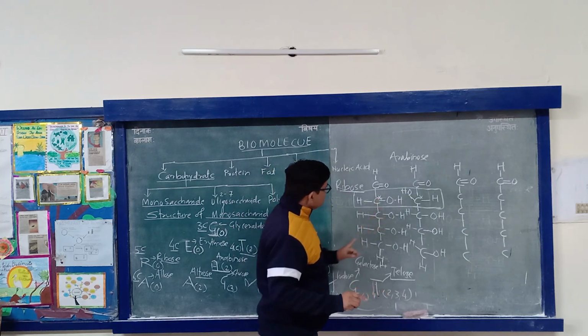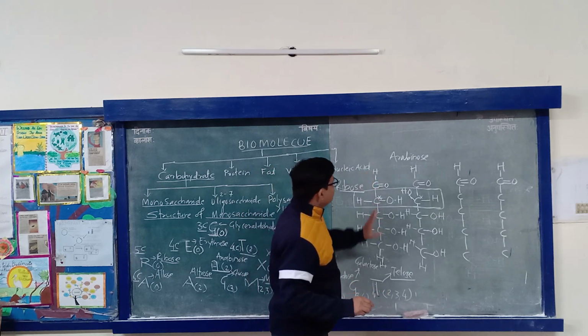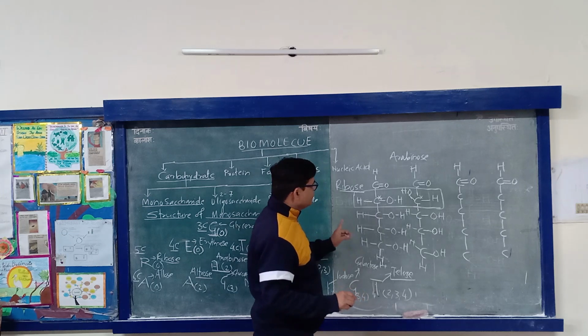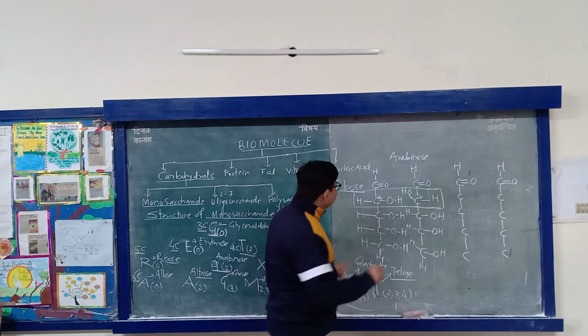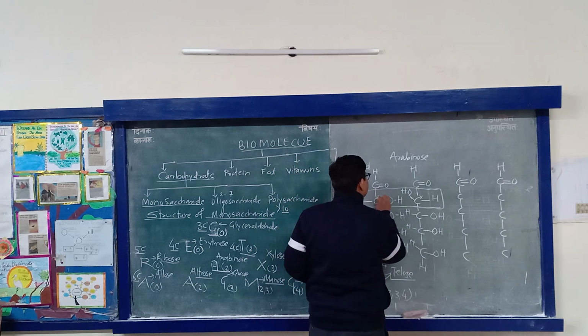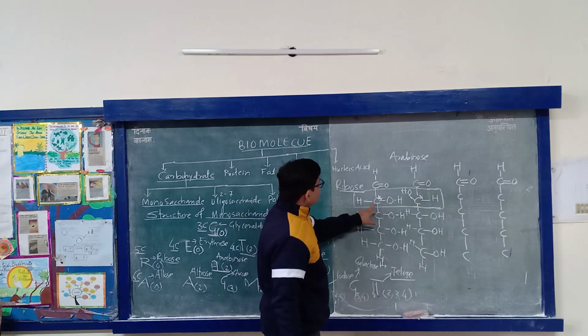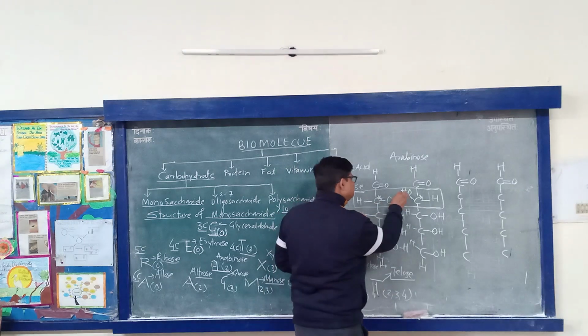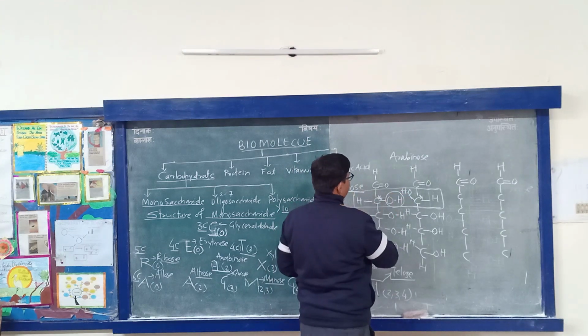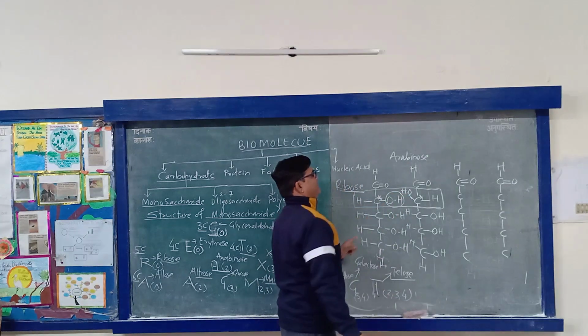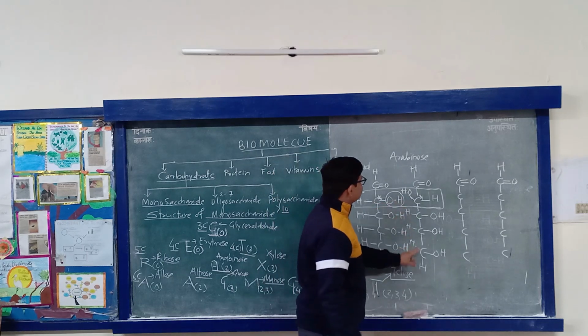In case of arabinose, there is a difference at carbon number 2 only. So carbon number 2 means hydroxy group on the right side in case of ribose, and hydroxy group on the left side in case of arabinose.